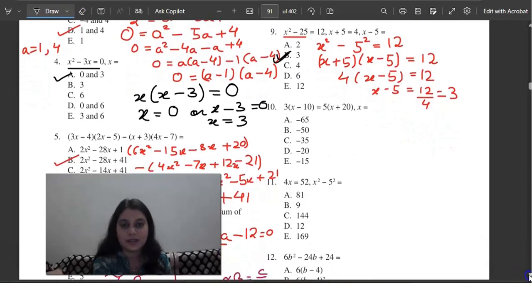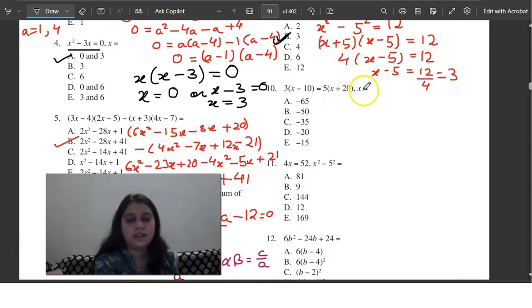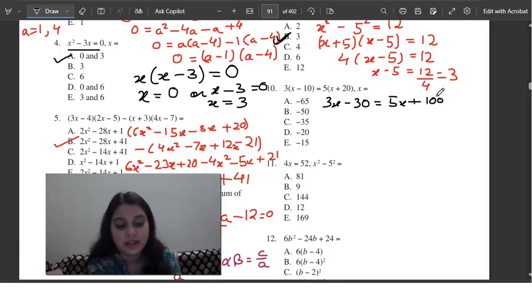Now the 10th question. In this, I think easiest way is just to open this up. So this would be 3x minus 30 equals to 5x plus 100. Now we're going to just change them on one side. The constant on one side, variable on one side.